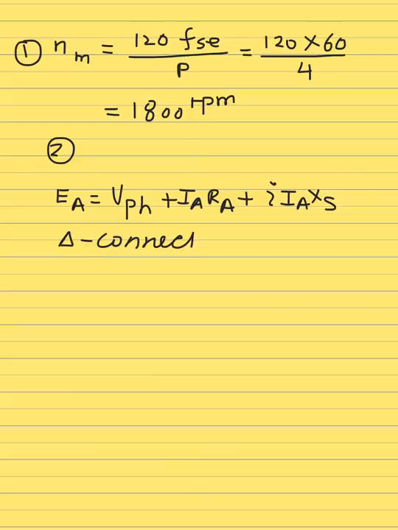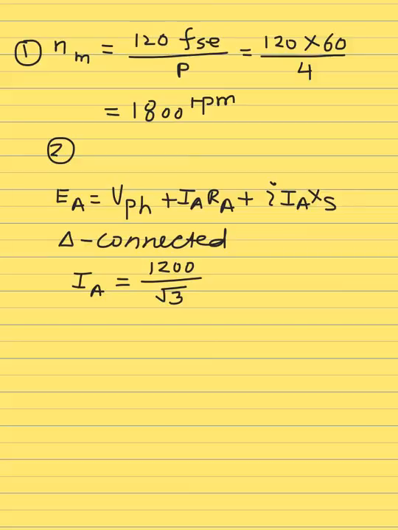In case of a delta connected system, I phase and I line are different, so we have to be careful. Let's say IA is the phase current. It says 1200 amperes is the current it withdraws, which is the line current. So IA is going to be 1200 divided by root 3.